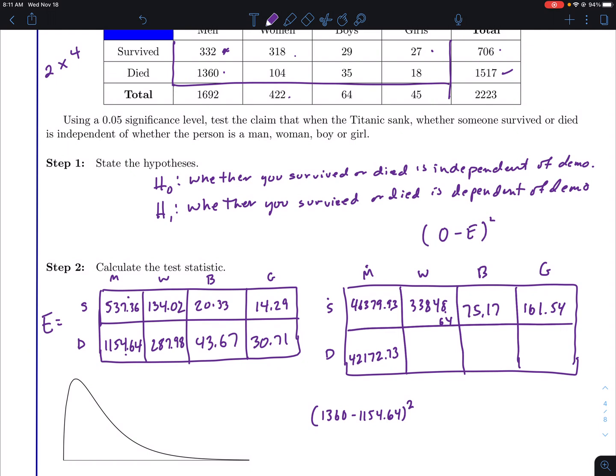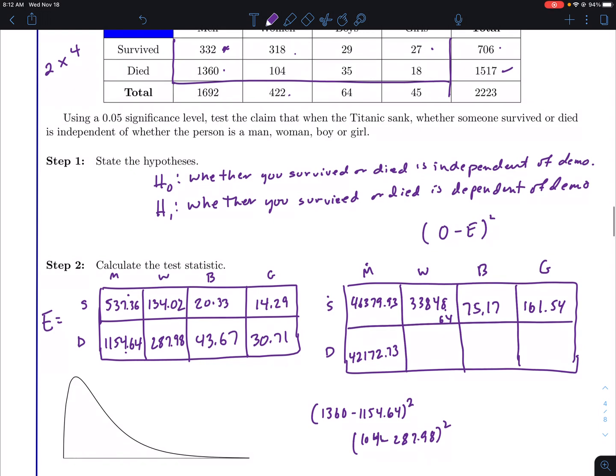And then same thing for the women, so we'll get 104, whoops, minus 287.98 squared. So we get 33848.64.